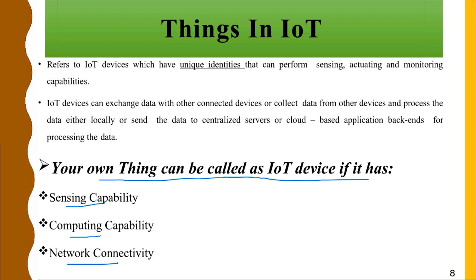So we will define an IoT device as having unique identities that can perform sensing, actuating, and monitoring capabilities. When they all talk to each other, when they all get connected to each other and make a network, that interconnected network of things we call the Internet of Things.